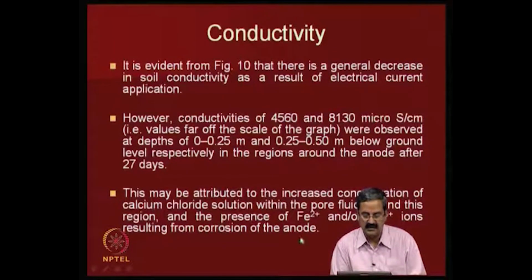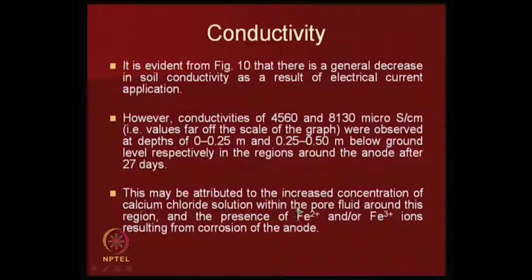They also saw an increased concentration of calcium chloride within the pore fluid around this region, and the presence of iron and even ferric ions resulting from the corrosion of the anode. When the oxidation takes place, the possibility is that you have corrosion also occurring here, and then the water movement there. So, that is what they observed.